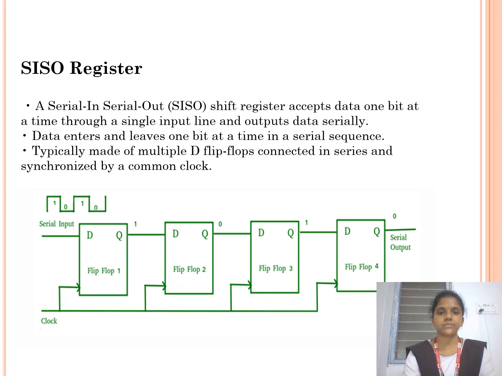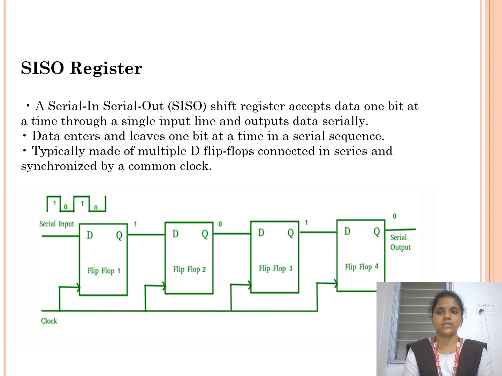Here is the logic representation of the SISO register using D flip-flops, and the clock pulse is commonly given to each flip-flop. As we give the input to the D, it is serially passed to all the flip-flops, and then finally we get the serial output.